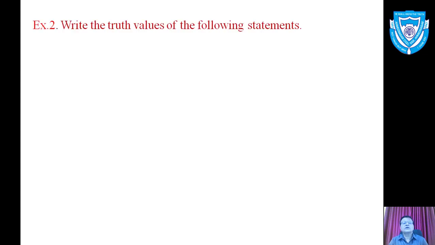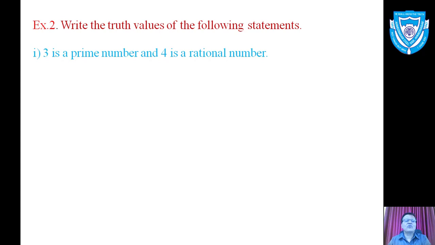Second example, write the truth values of the following statements. Some statements are given and we have to write their truth values. Now here we have to use our knowledge of mathematics. 3 is a prime number and 4 is rational number. Now here we should know what is prime number, what are rational numbers. Accordingly we can say whether these statements are true or false. So 3 is prime number. This is true.